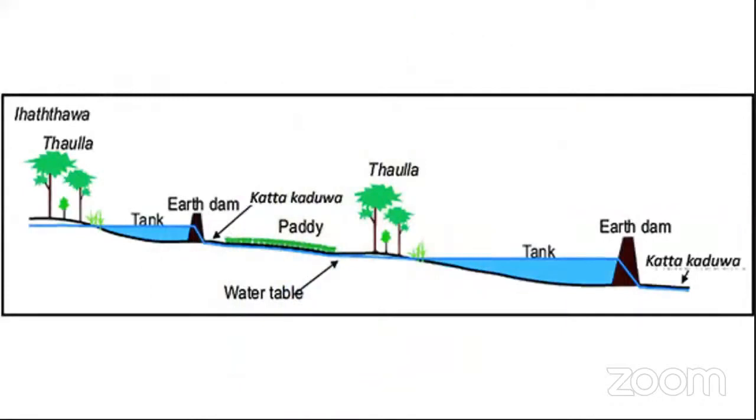Tanks were constructed according to the slope of the land. See, the same water they were using from this tank, damming this place, they made a tank. Then they use the water in the paddy fields. That same water is used once again in the next tank. So it's conservation of water, and this is some of the cross section in Elanga.